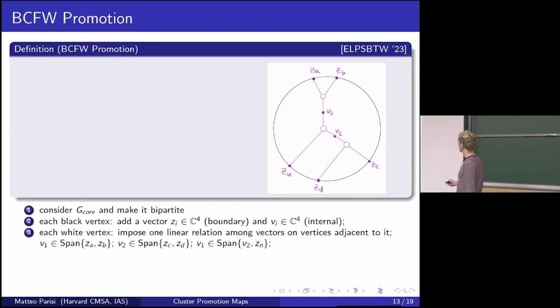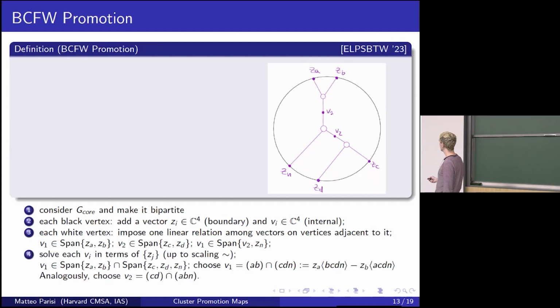Then, for each white vertex, we want to impose a linear relation between the vectors that are touching the white vertex. For example, for each white vertex, I want to impose a linear relation between V1, Z_A, and Z_B, so that V1 is in the span of Z_A and Z_B, and so on. So for each white vertex, we have a linear relation, or kind of collinearity condition.